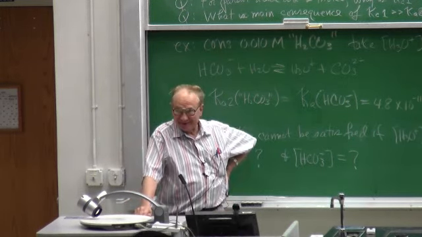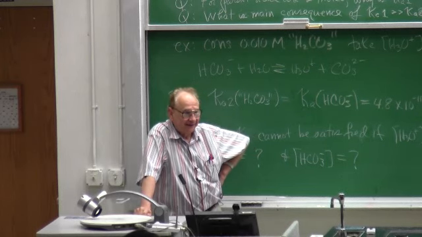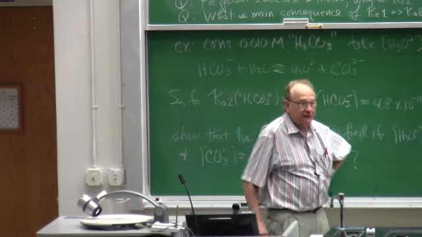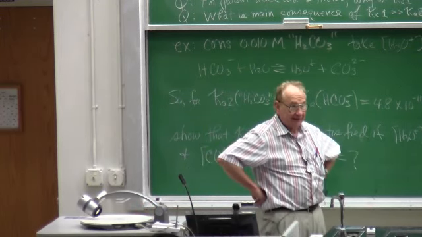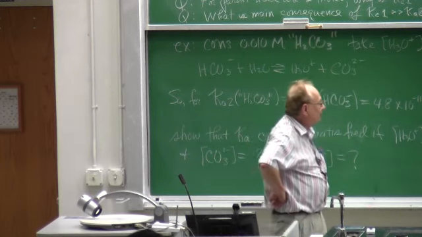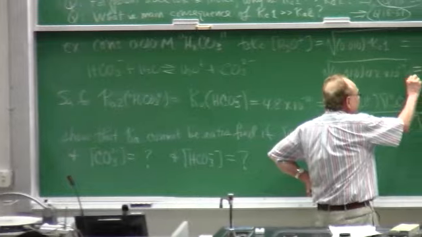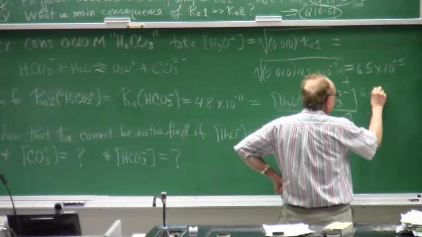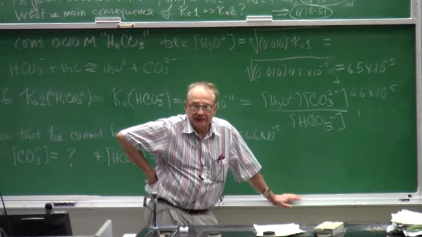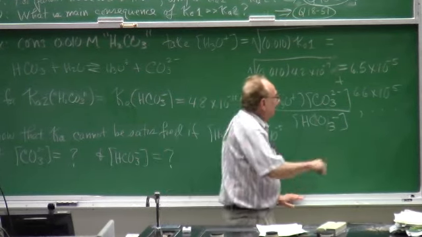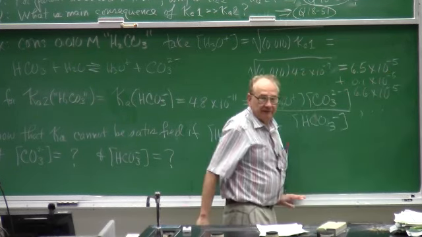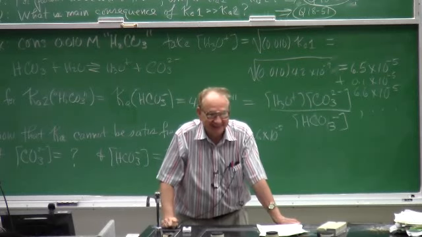You see where you got that? No, we don't see where we got that, did we? We went from 6.5 times 10 to minus 5 to 6.6 times 10 to minus 5. You agree with that? What did you have to add to 6.5 times 10 to minus 5 to turn it into 6.6? You got to add 0.1 times 10 to minus 5, which is 1 times 10 to minus 6.